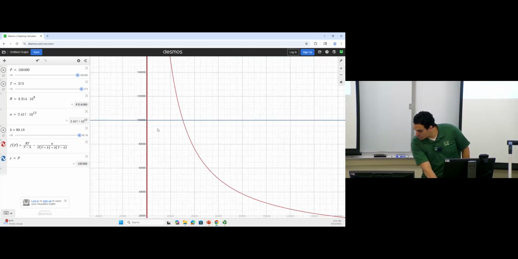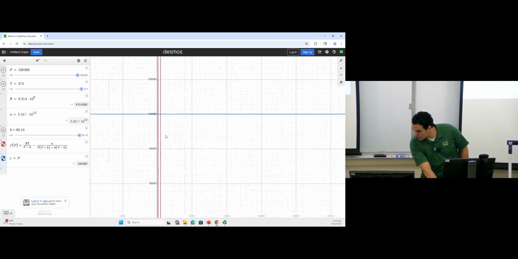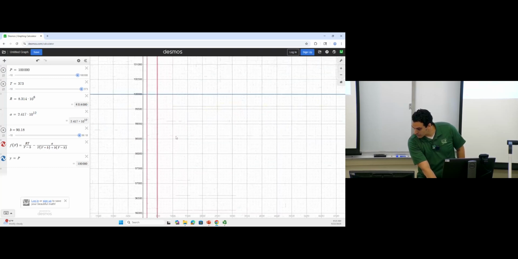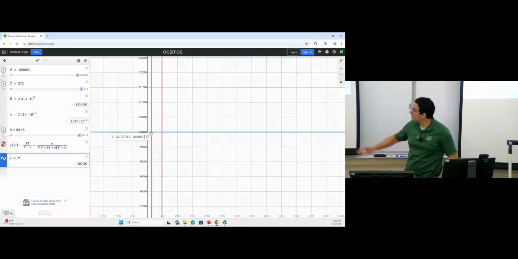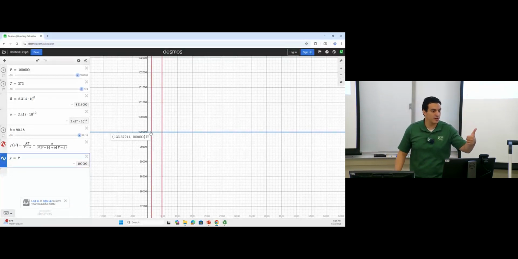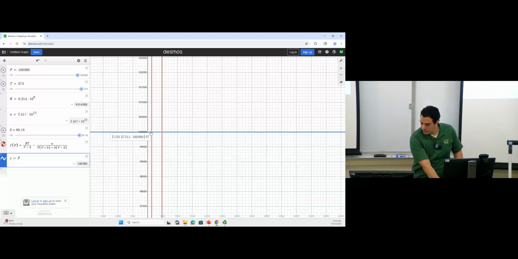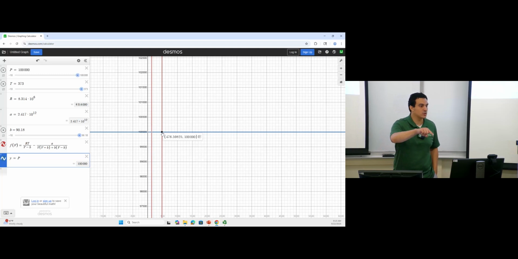We can zoom to see that here we have two intersections. This is the first one. It says we have 133 centimeter cube per mole. This will be the first value of the volume. Is this for liquid or vapor? Liquid. Then we have the second one, 476 centimeter cube per mole.